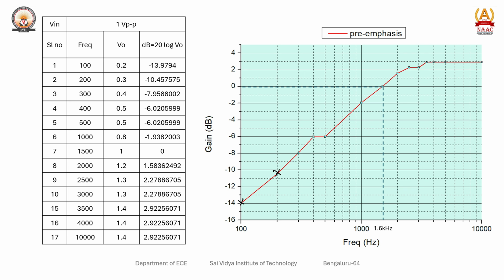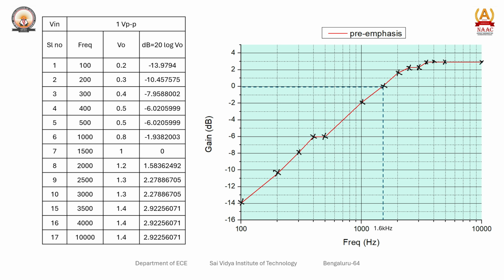Similarly for 300 Hz it is minus 7.95, approximately 8, we can consider here. Like that you mark all the points on the semi-log sheet like this.